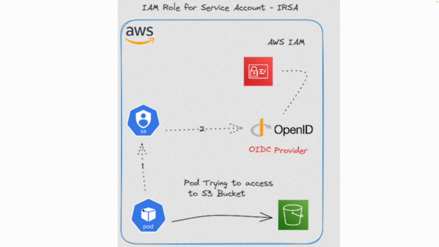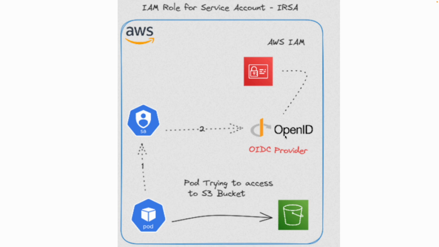Okay, so here you can see that we have a Kubernetes pod and it is associating with a service account. And here with the numbering or with the labels, we can understand that our pod is connected with the service account and then our service account is connected with OIDC, which we will be getting from the EKS cluster.